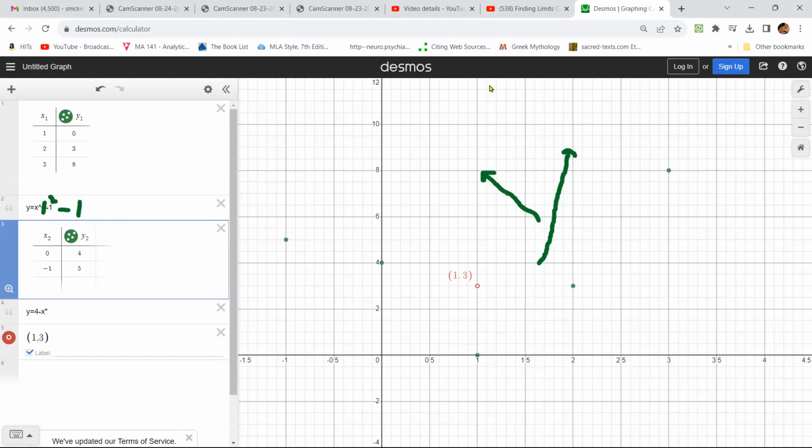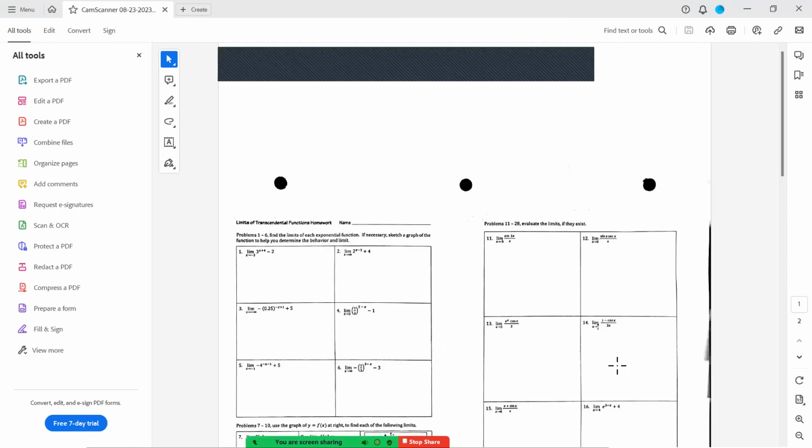Now, if I go back to the homework, which is over here. Wrong homework. Hold on. That was the false alarm homework that we did.